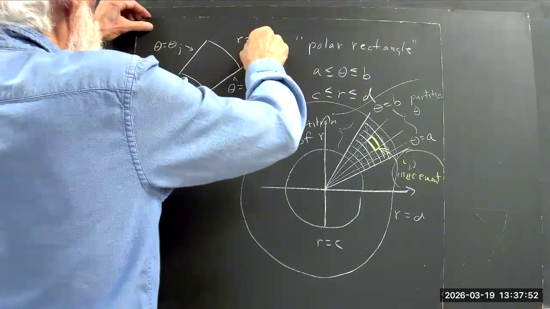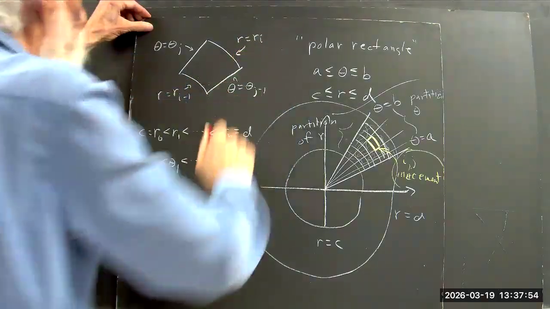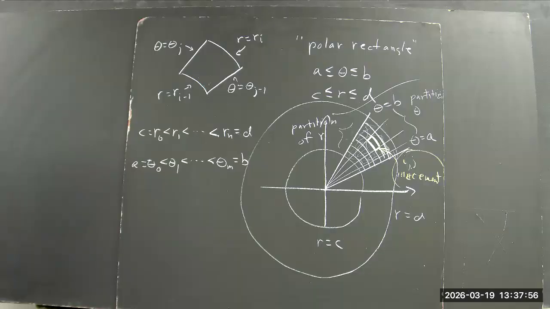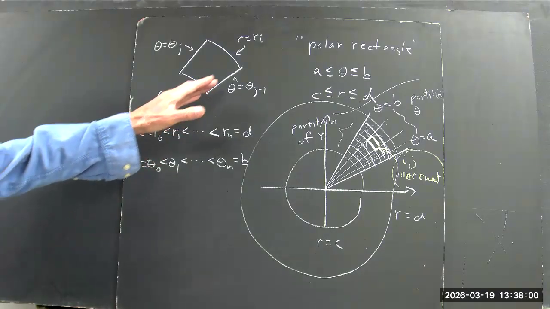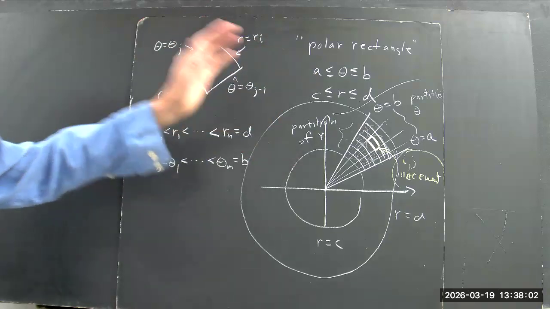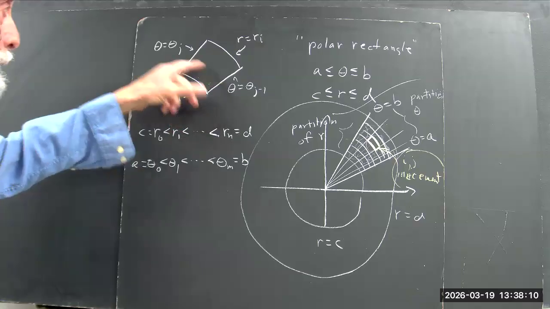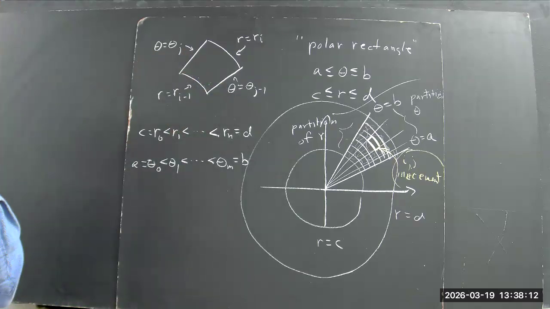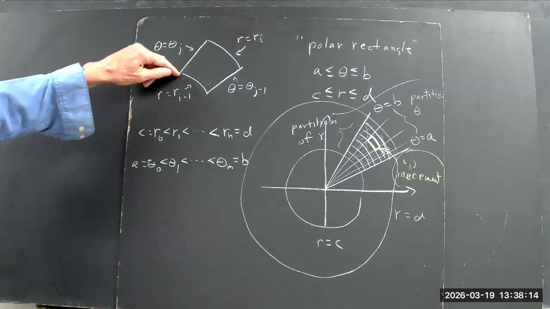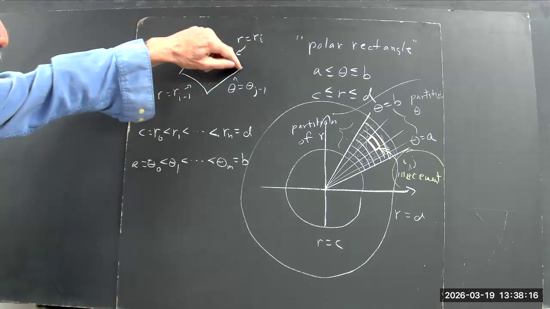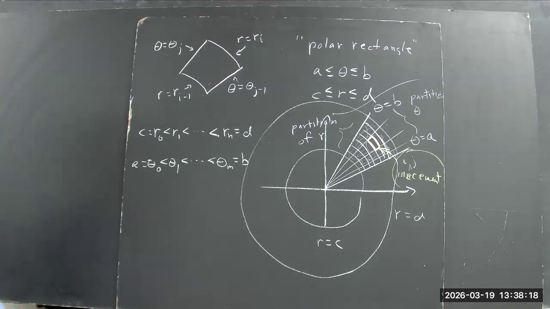And here's the arc, r equals r sub I. You notice that you have straight lines with theta equal constant, okay? Straight radial lines here and here. You have arcs here and here, arcs of circles, right?